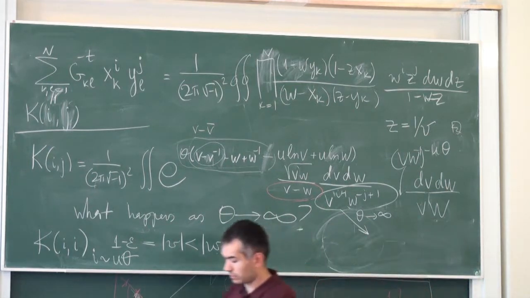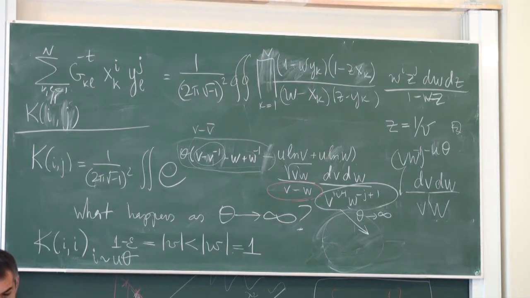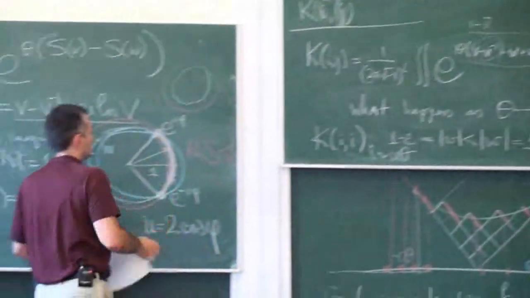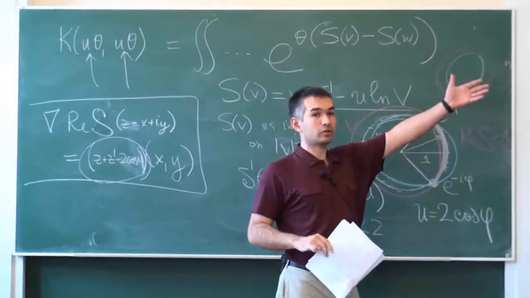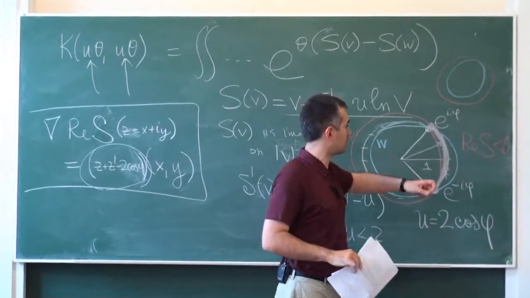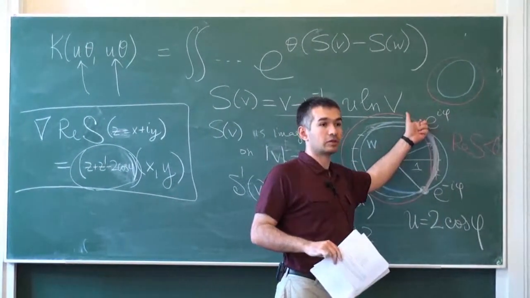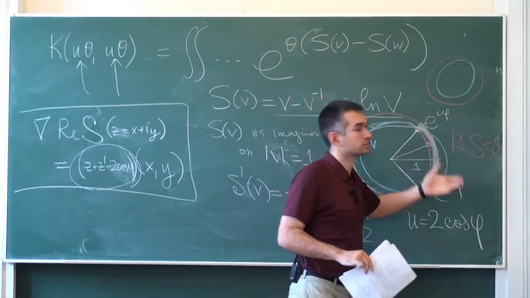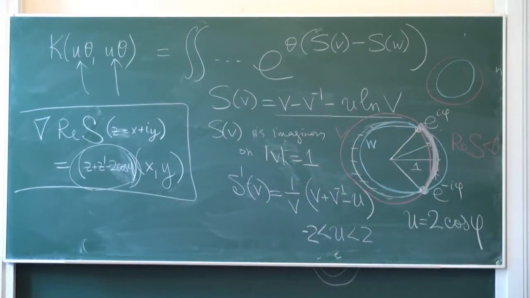The residue is going to be integrated along this part of the circle. So I need to take the residue of the integrand where V is equal to W and integrate it along this part of the circle. That's all. So let's see what it gives.